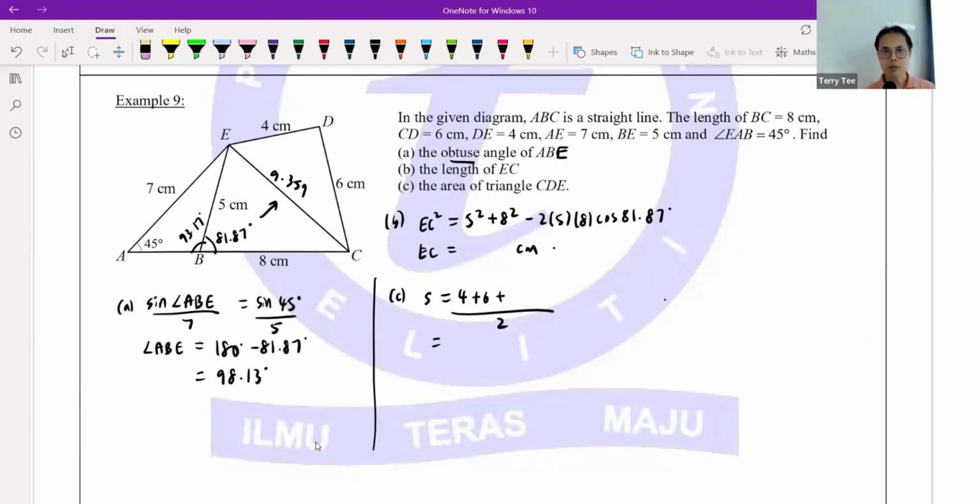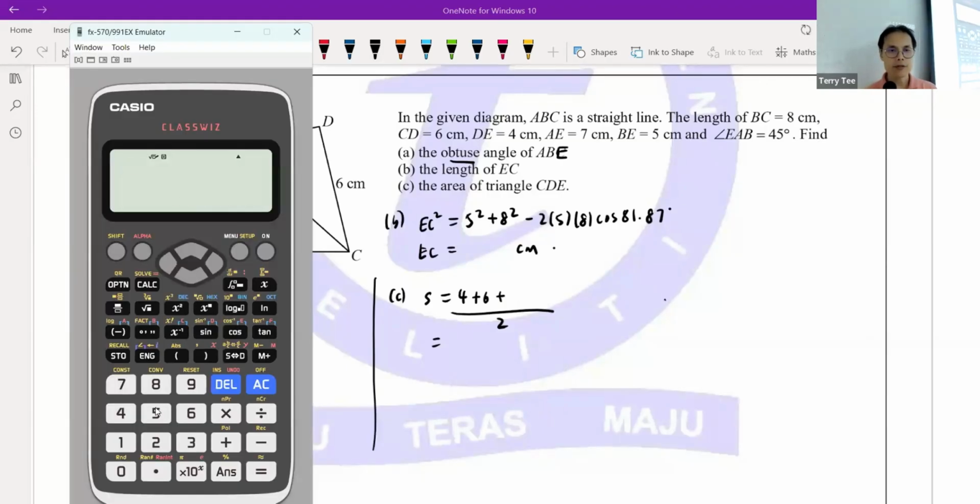My EC value when I typed it in was wrong. It is 5 squared plus 8 squared minus 2 times 5 times 8 times cos 81.87. Okay, whatever you get here, square root the answer, equals 8.814.